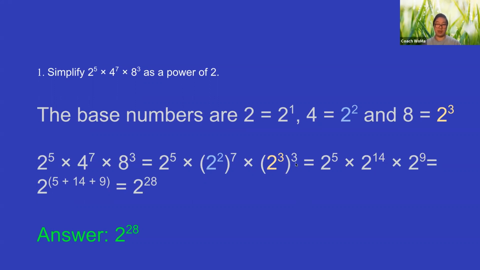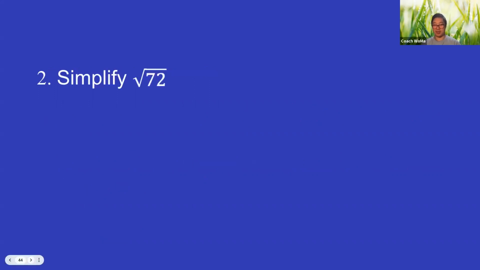Because that whole thing is cubed, you multiply, and you get 9. 3 times 3 is 9. Once you have all the same base and you're multiplying all of them, you add the exponents. So 5 plus 14 plus 9, that's 28. So the correct answer is 2 to the 28.